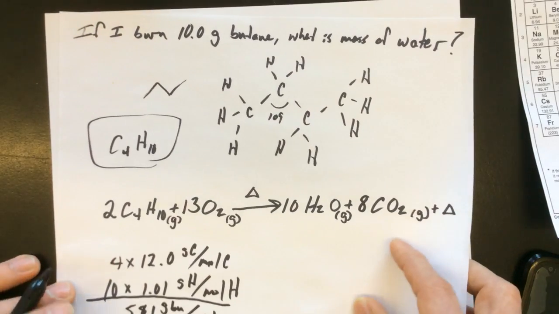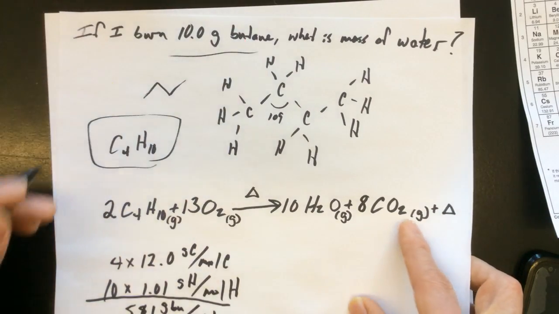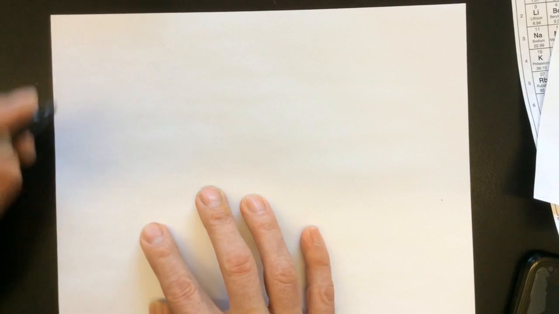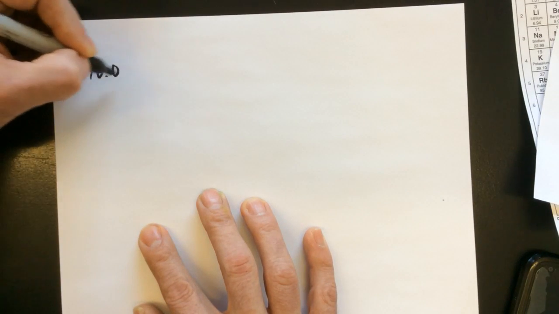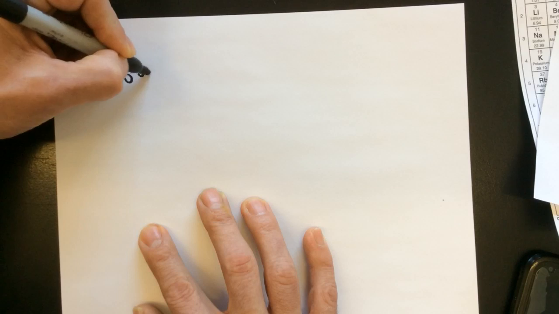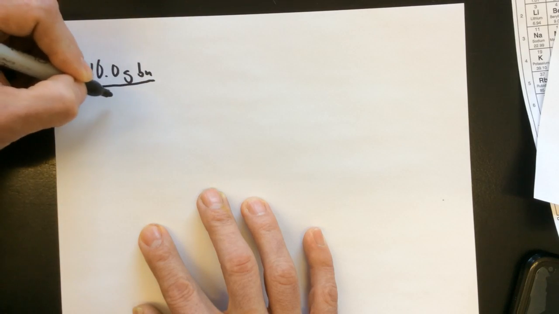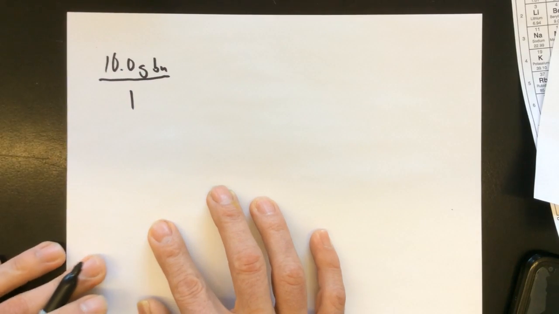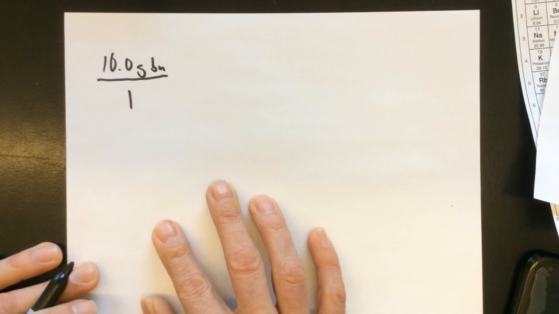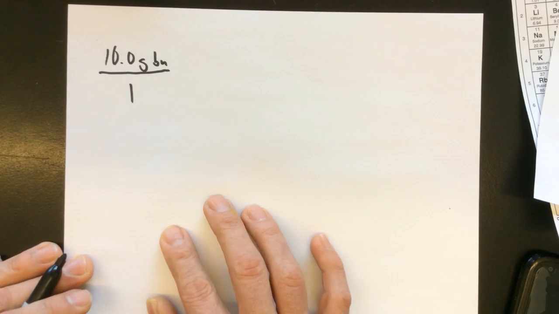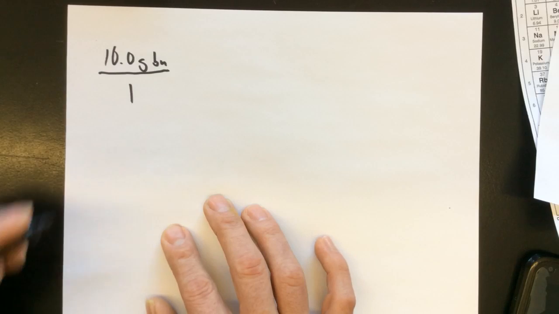And now we need to look. The only information we're given in this is that we started with 10 grams of butane. I'm going to put that 10.0 grams of butane divided by 1. Nothing in chemistry happens in grams. Everything happens in moles. We can't measure moles. We have to measure grams.